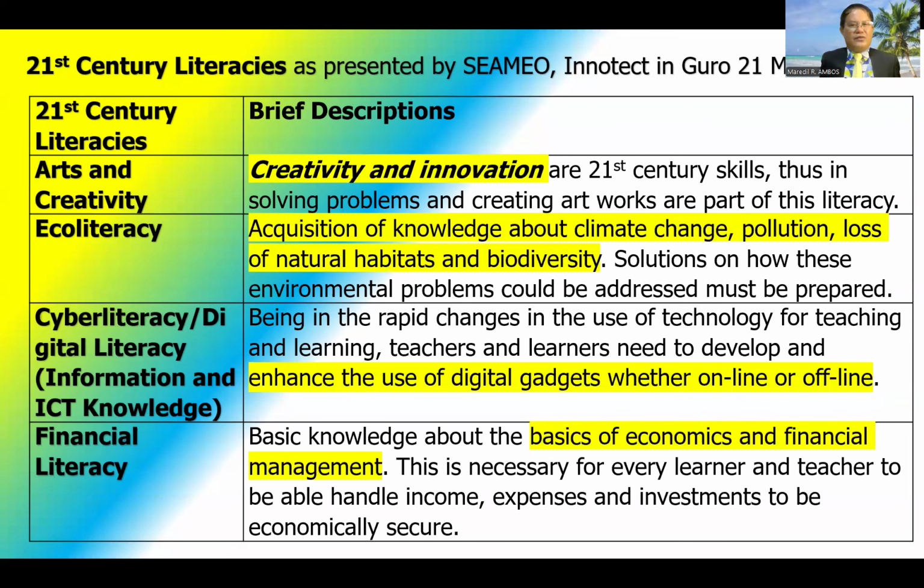This talks about creativity and innovation, which are part of the 21st century skills, particularly in solving problems and creating artworks that are part of this literacy. Being creative and innovative is elicited by arts and creativity. So as teachers, you need to integrate arts and creativity in your activities, in your teaching.